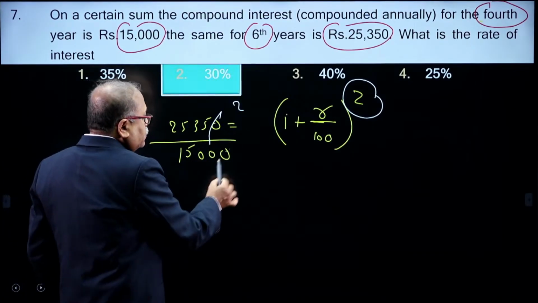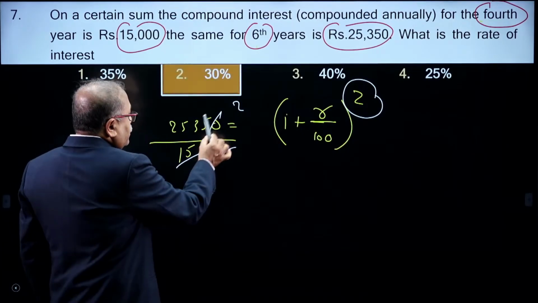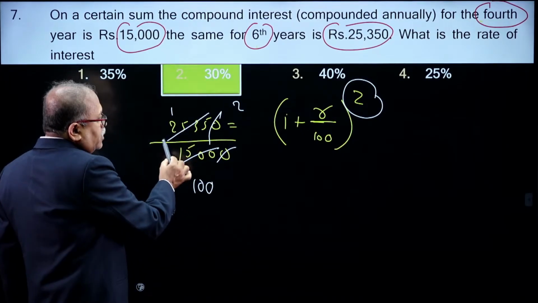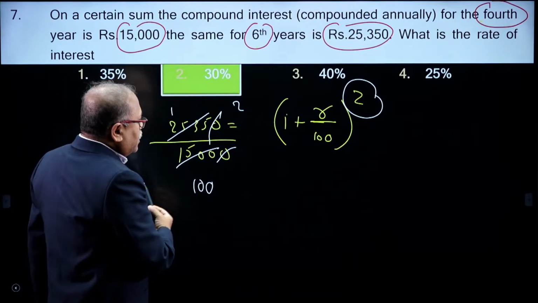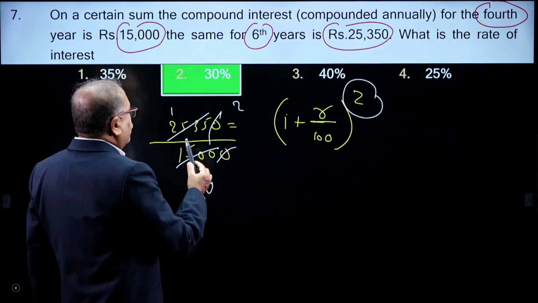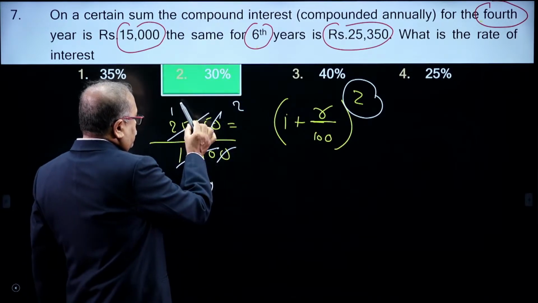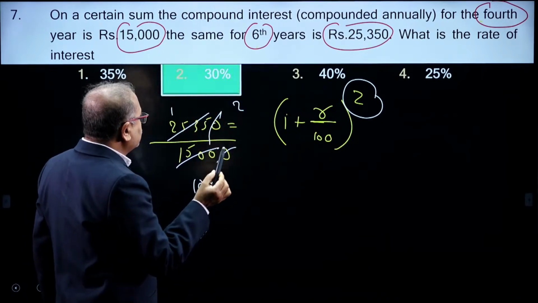So, I will cancel this one with 15, this goes 100 times, I can see that 10 square. So, with 15 this goes 1 time, and 15 how many times, 6 times, will that be 6 times?